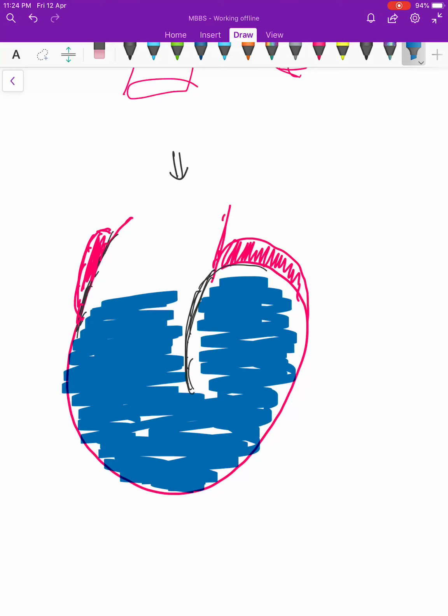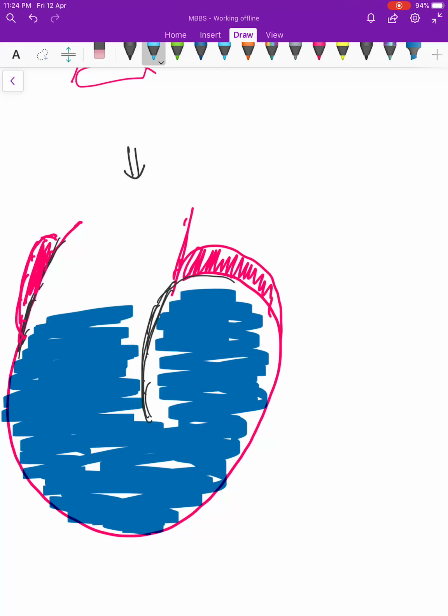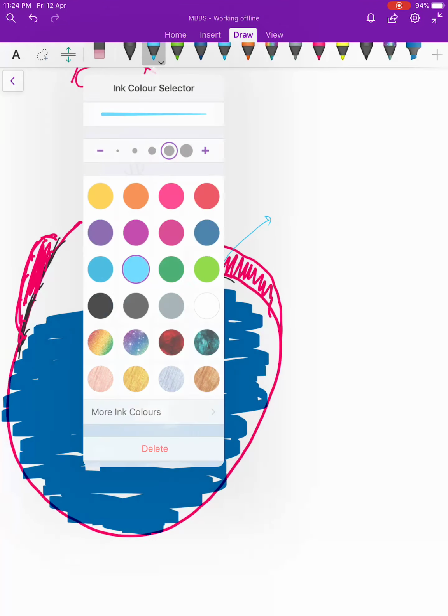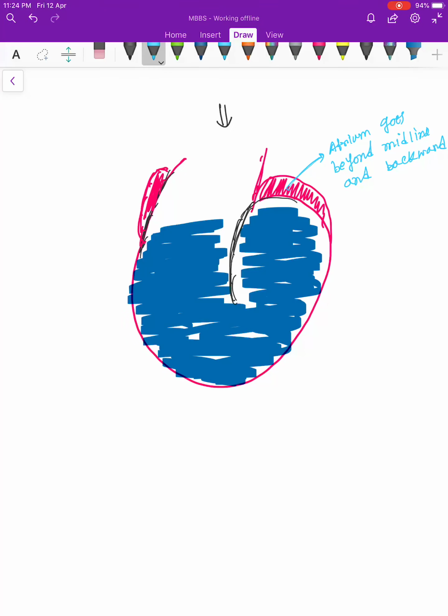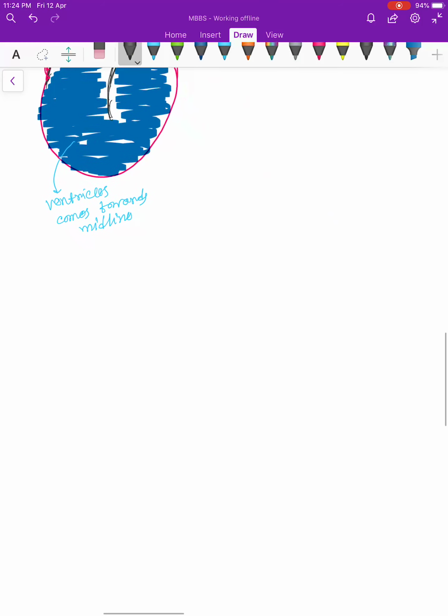Okay, so now the atrium goes beyond the midline and backward, which is the position of atria in the actual heart, and this is the ventricle, which comes towards the midline.